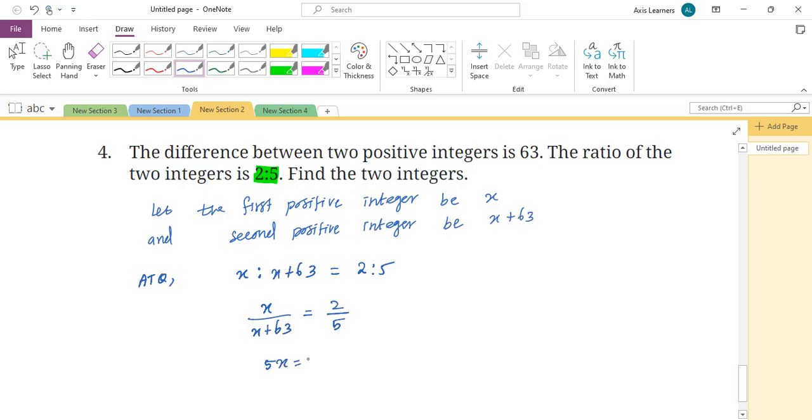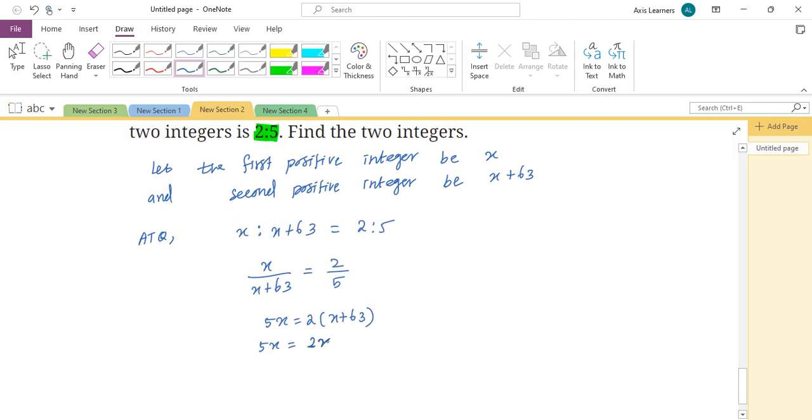5x is equal to 2 into x plus 63. Okay, so 5x is equal to what? 2x plus 2 into 63, 126. Okay, I'll write the next steps here. Now we can write all x on the left side.